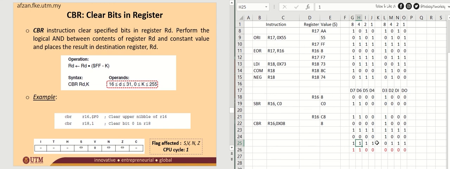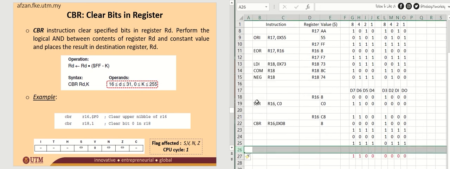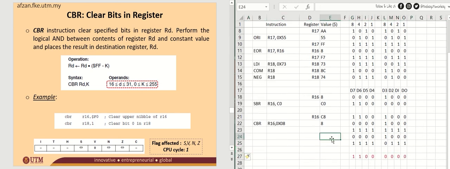Now this number here is FF minus K. You get this value. So this is FF, and this is your K, which is 08.